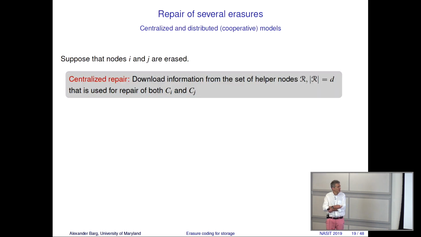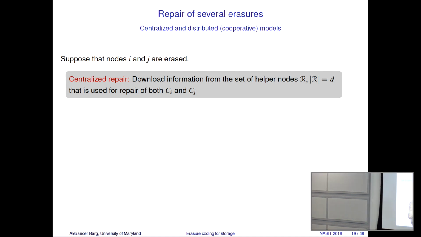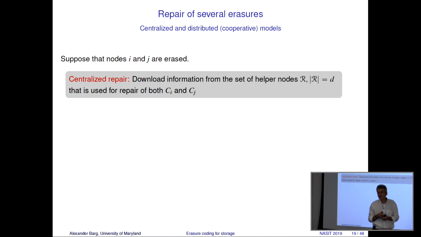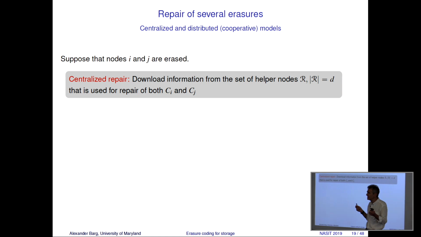What about two erasures? For two erasures, there are now several versions of the problem. Namely, it is possible to correct two erasures in one shot. So we download all information to one location, we do some computations, and we repair the failed nodes.